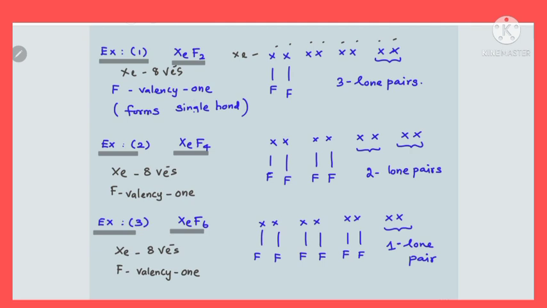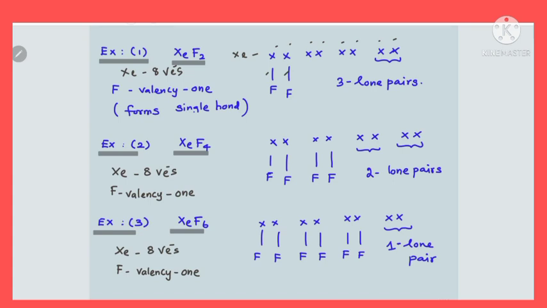Then the fluorine atom valency is 1, which means fluorine is capable of making one bond. There are 2 fluorine atoms, so there are 2 bonds possible between xenon and fluorine. This is the way the 2 fluorine atoms make bonds with xenon.